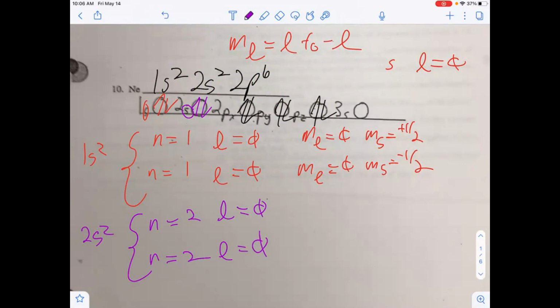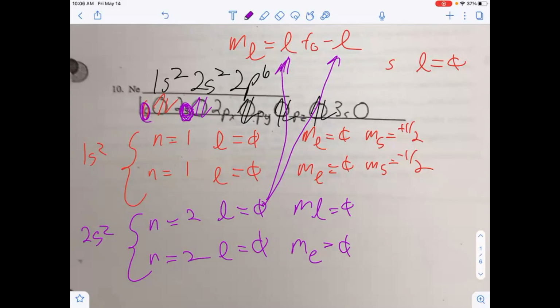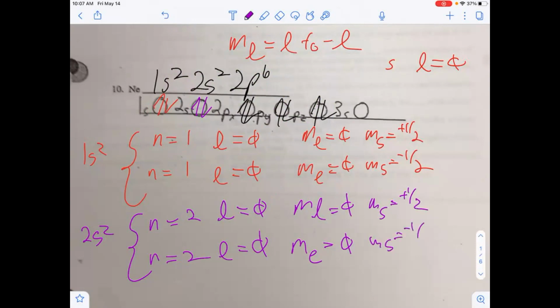And if L is 0, when I plug it in for M sub L, then this has to be 0. When your electron is in an S, L is always 0. And then one is spinning up, one is spinning down.